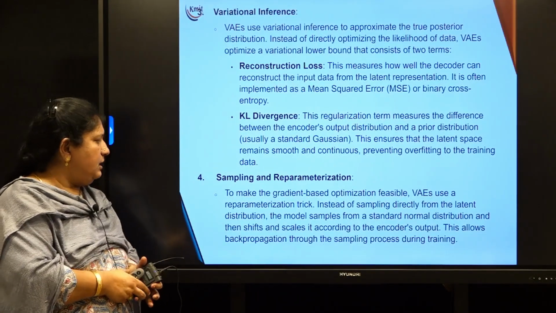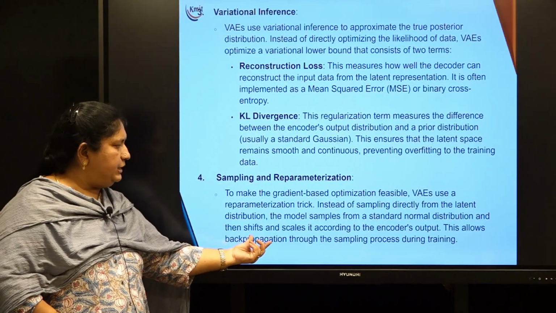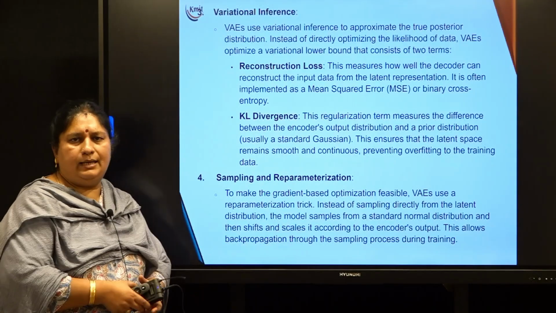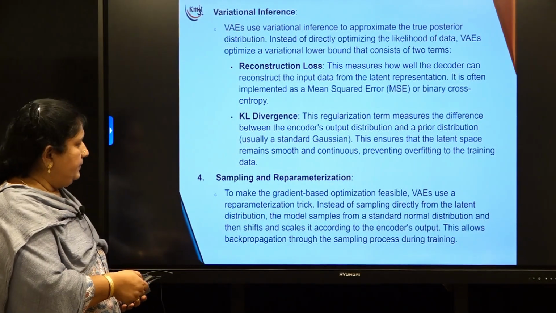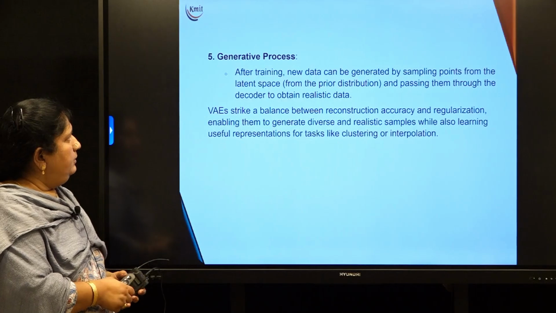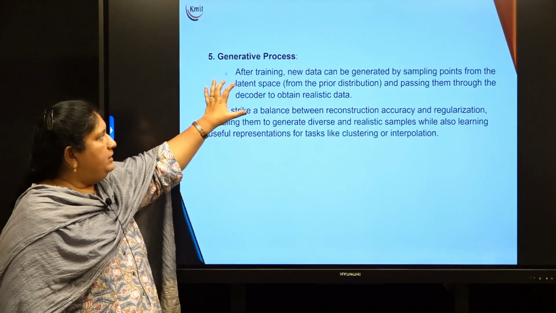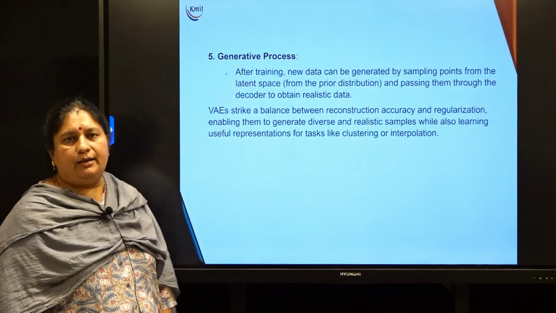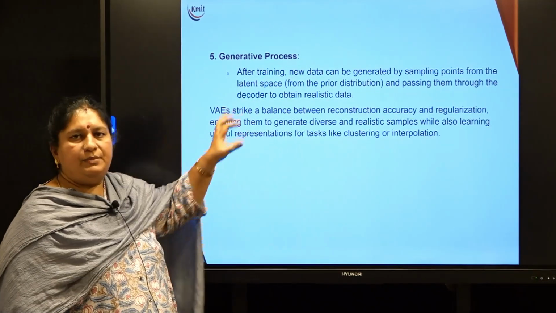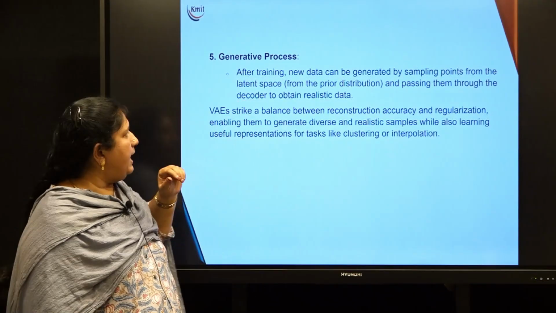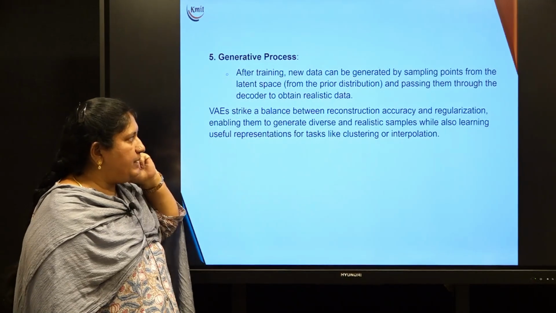In such cases, sometimes we might go for backpropagation and the sampling mechanism iteratively. Then finally, the generative process. After the model is trained, new data can be generated from the sampling points which the decoder has identified in the latent space.